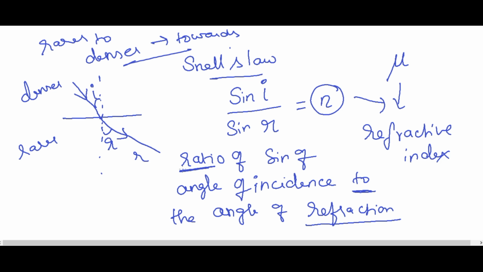Remember that. Since I use the word ratio, you must use 'to' also. One more mistake students make is simply writing I is to R. That is the wrong way of writing the definition for refractive index. If you represent something as angle of incidence, you should represent it with the angle symbol, the letter i, and similarly for r also. In this way you represent it for laws of reflection and laws of refraction also.